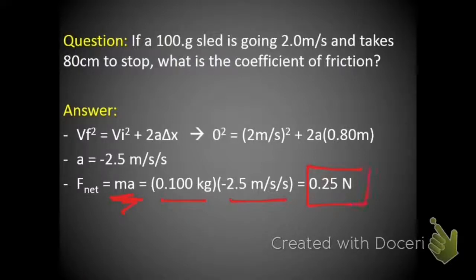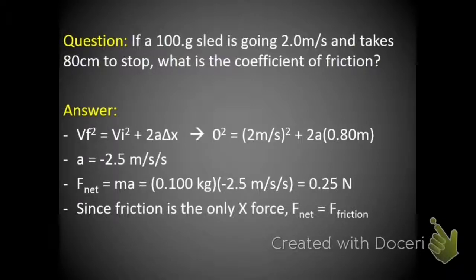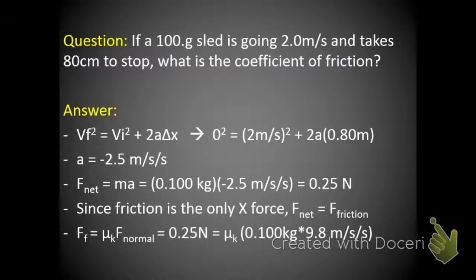So there must be a 0.25 newton net force acting on it. That net force is the frictional force. Now that I know the frictional force, I can calculate the coefficient if I know the normal force. The normal force, since it's on a horizontal surface, is just mass times gravity. I can substitute and solve.